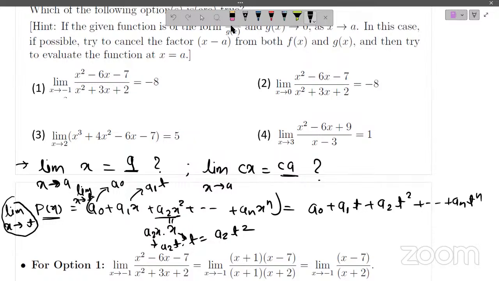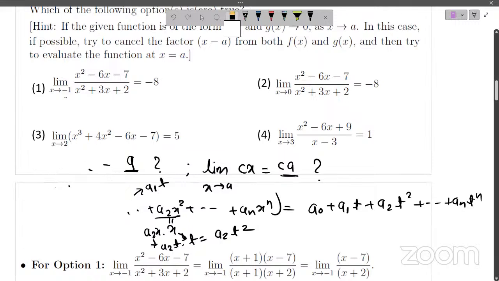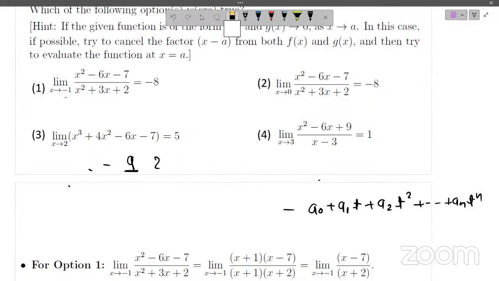Now we will go to the quotient function. If we have a function of the form p(x) by q(x), where p(x) and q(x) are both polynomials, what can we say about the limit?